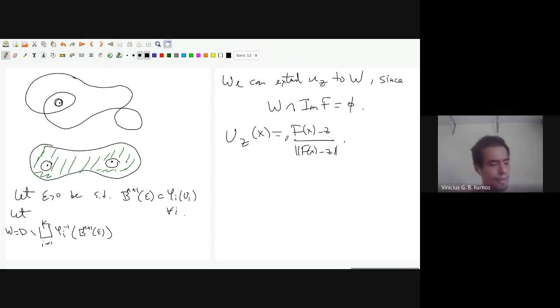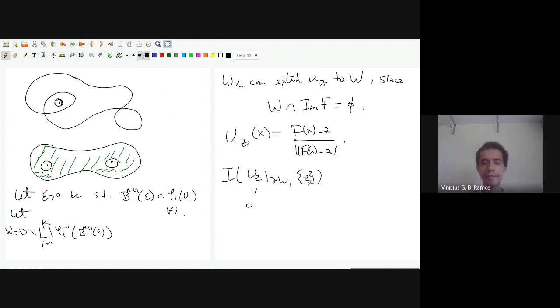Because of this, now I can actually say that the intersection number of uz on the boundary of W with z has to be equal to 0. This is because uz extends to a compact manifold.